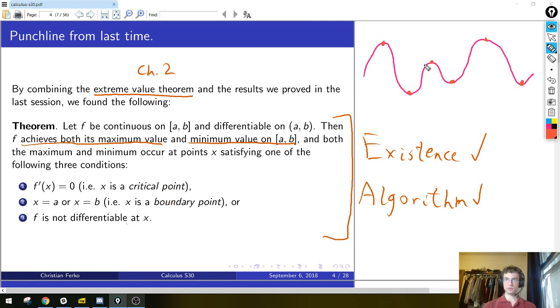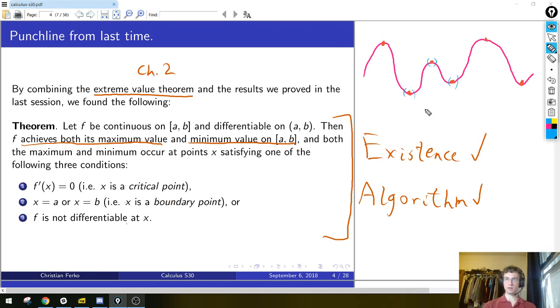All of these happen to be local maxima or minima. Remember, our definition of local max and min is that you can find some delta so that on a tiny delta interval around your point, it's actually a maximum point in the way that we defined it. It's the biggest on this restricted interval. So in this case, all of them have that local max or min property.